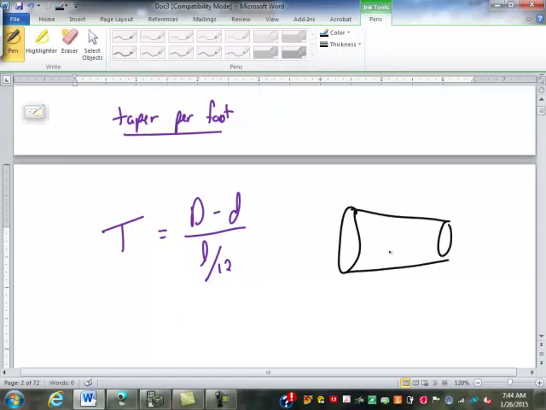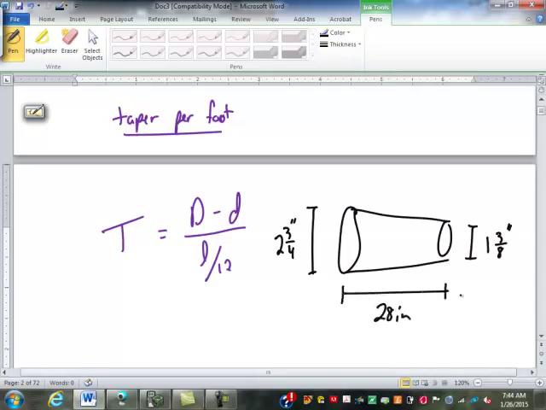So let's say we have a metal spindle for a table leg, or whatever, metal leg for a table. Let's say it goes from being 2 3/4 inches down to being 1 3/8 inches over a course of 28 inches.